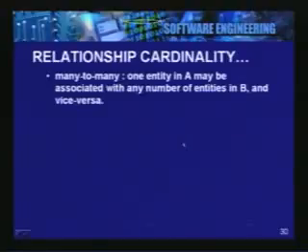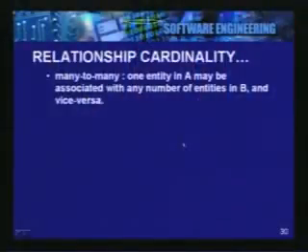In the many to many relationship, one entity in A may be associated with more than one entity in B, and also the reverse. So here one entity in A might be reachable from many entities in B, and similarly an entity in B may be reachable from many entities in A. So this is a many to many example of relationship cardinality.